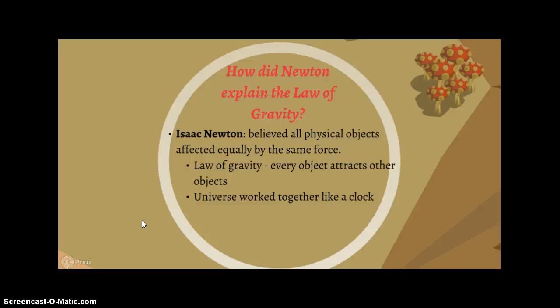The law of gravity states that every object attracts other objects, and he stated that the universe worked like a clock. He believed that all the parts worked together and could be expressed mathematically, and that God was the creator of an orderly universe, the clockmaker who had set everything in motion, according to the book.